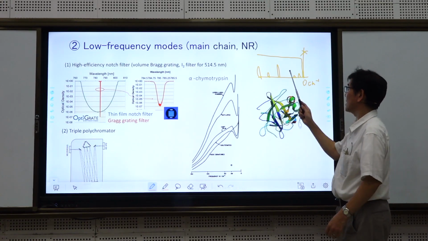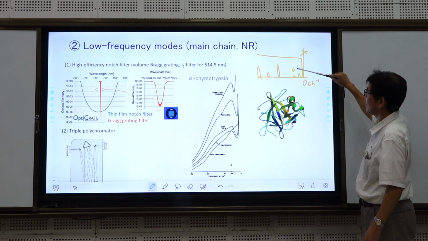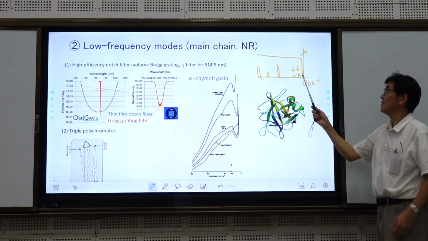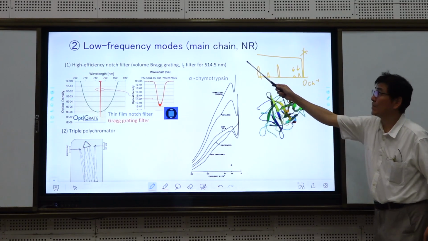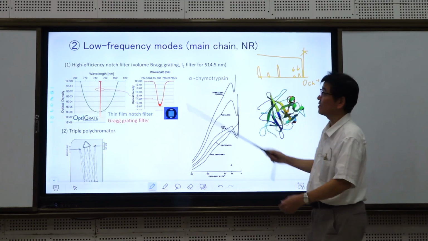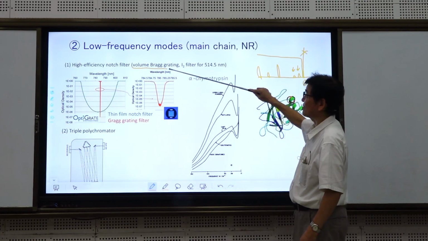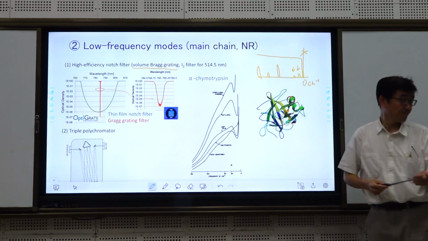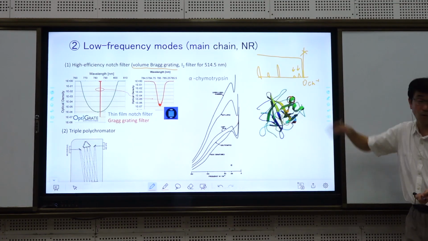By doing so, we can detect some important bands in the low frequency region. Okay, so using a nice filter is one method to detect the low frequency mode.